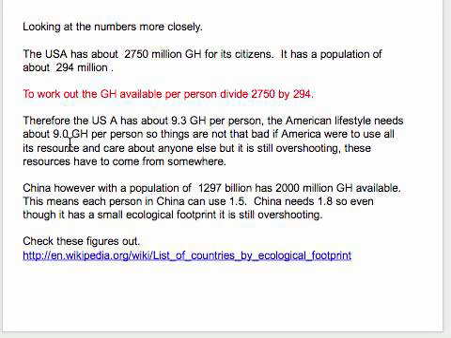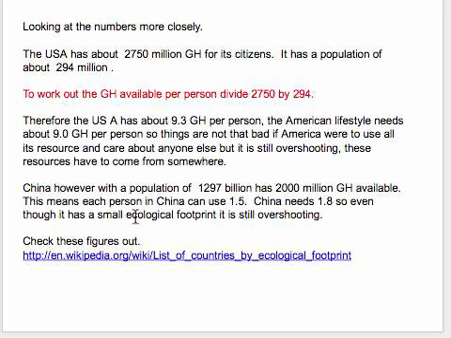Okay, yes, you could say the USA is doing okay because they've got 2,750 million GH, global hectares, for its population of 294. Okay, so on those figures, they're not doing too badly. But if you take their whole global responsibility, you can see that they're using way over their share.